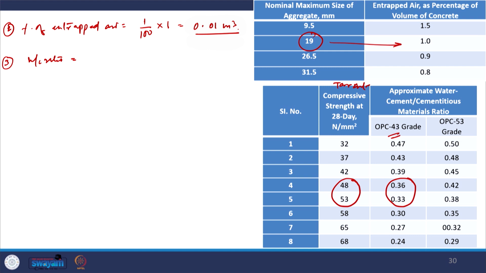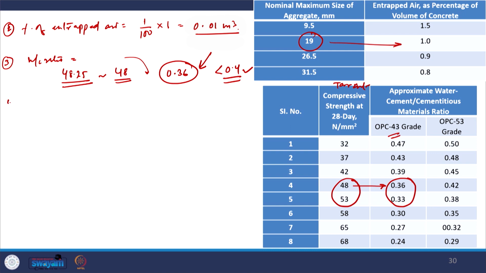Since our target strength of 48.25 is very close to 48, let us not do any interpolation here, but take the direct value. So, we can take the water cement ratio to be approximately 0.36. If you remember, we have to apply a check here. This 0.36 is less than 0.4, so it is fine, we can proceed to the next step.